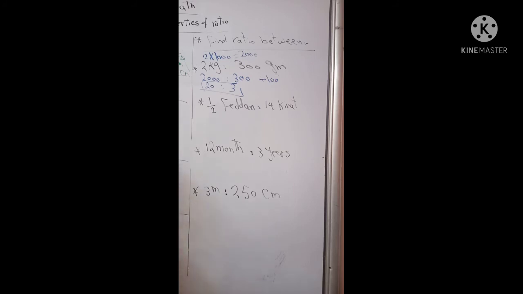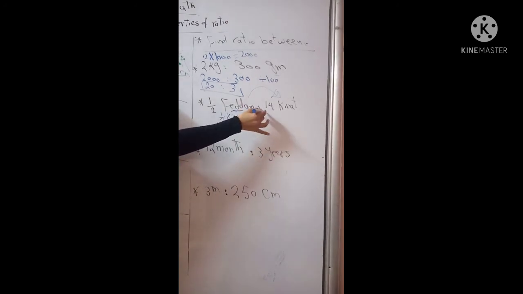Another example is to find the ratio between half فدان and 14 كيرات. First we will convert from unit فدان to the unit كيرات. فدان equals 24 كيرات. So half فدان equals half times 24 equals 12 كيرات.